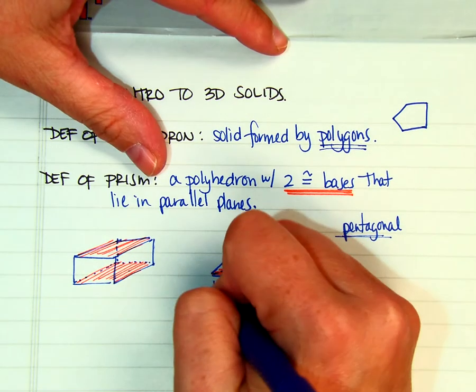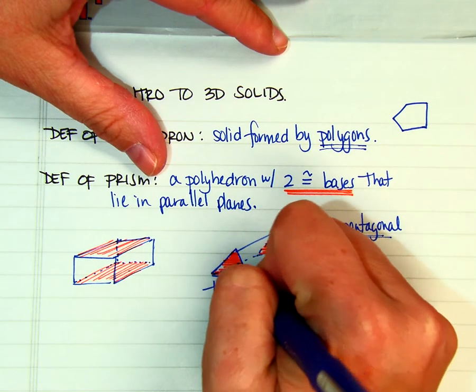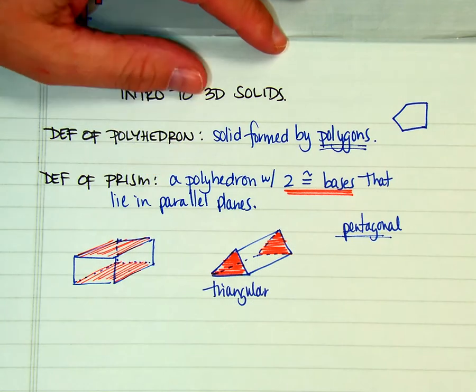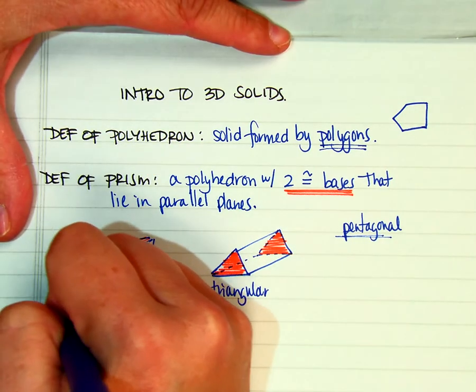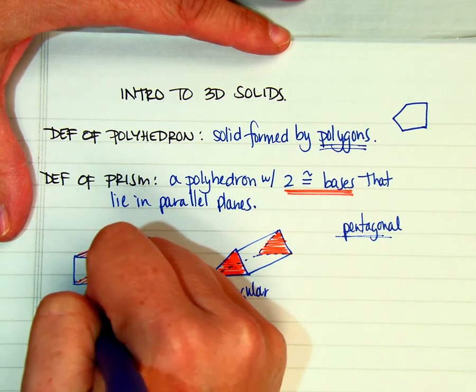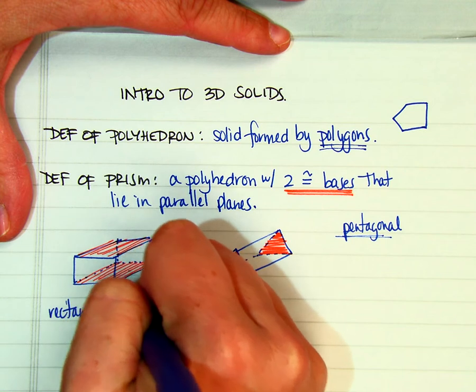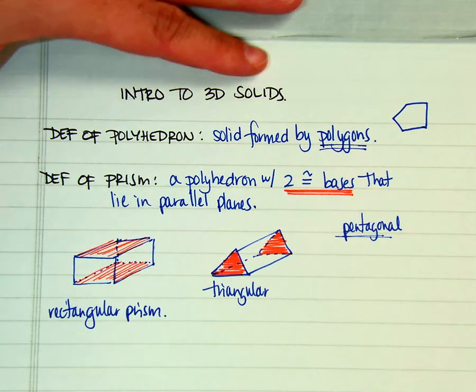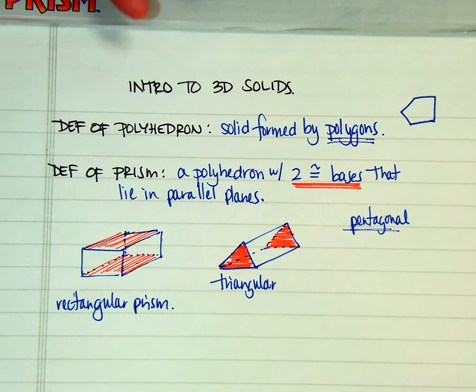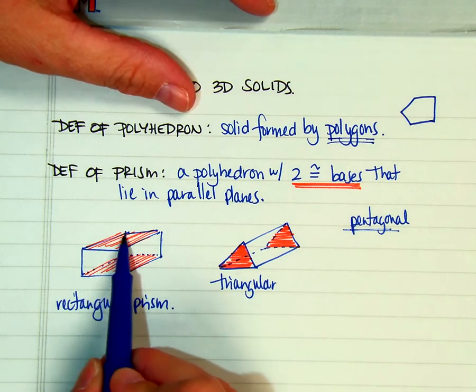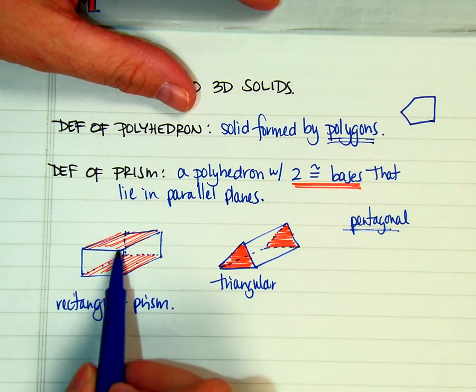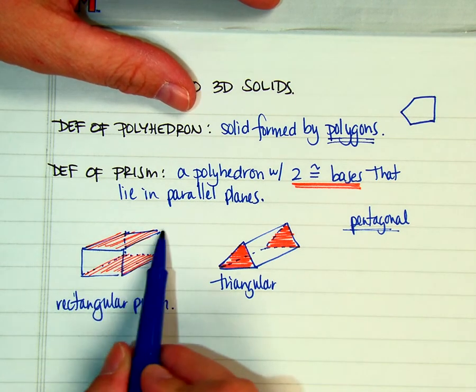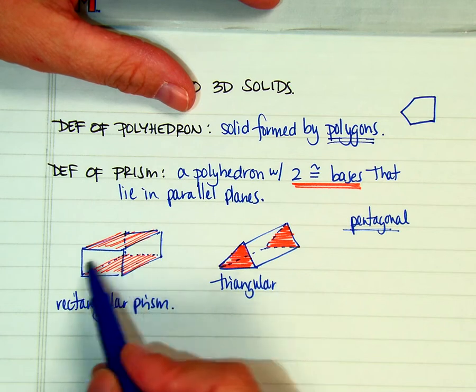This is a triangular prism, so the base is a triangle. This is a rectangular prism. Now, typically in a rectangular prism, this top is congruent to this bottom, this front is congruent to the back, and this side is congruent to this side.